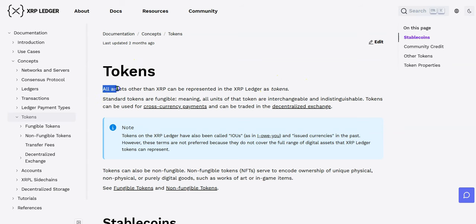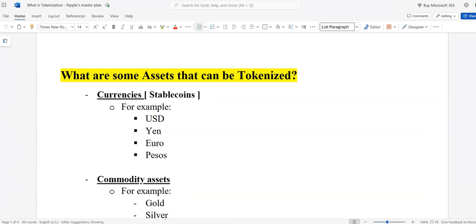It says all assets, not just a couple, but all assets other than XRP, because XRP is the native coin for the XRP Ledger. All assets other than XRP can be represented in the XRP Ledger as tokens. So here are some examples.